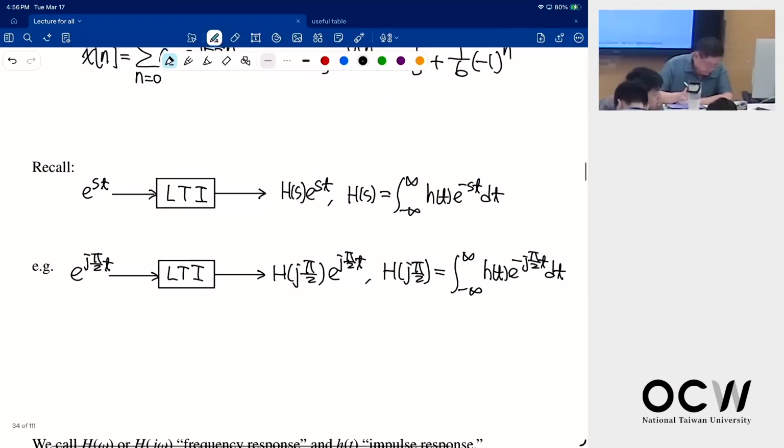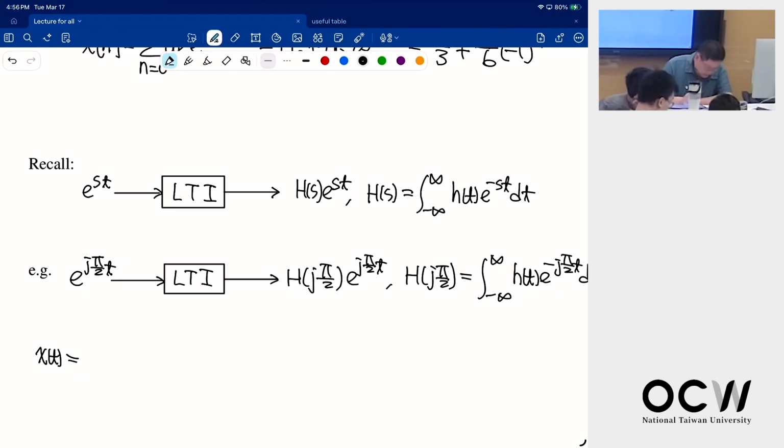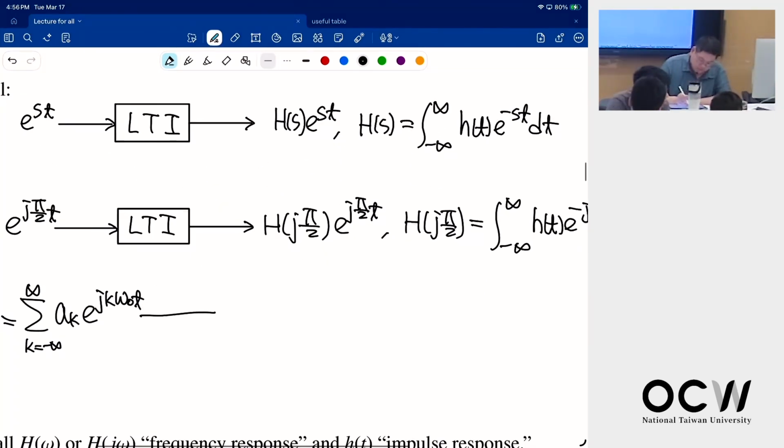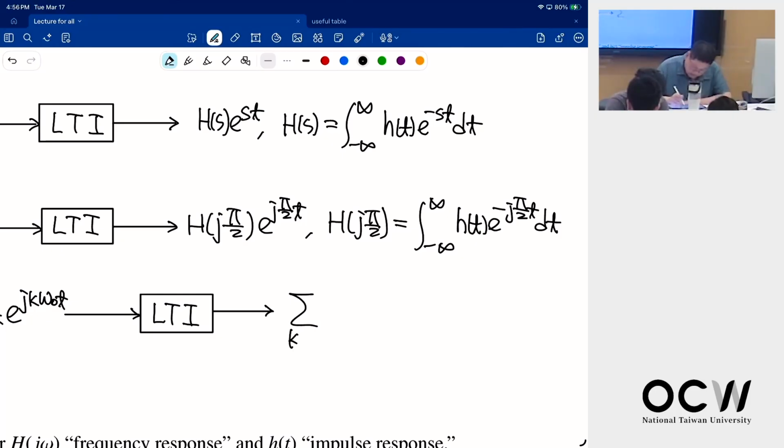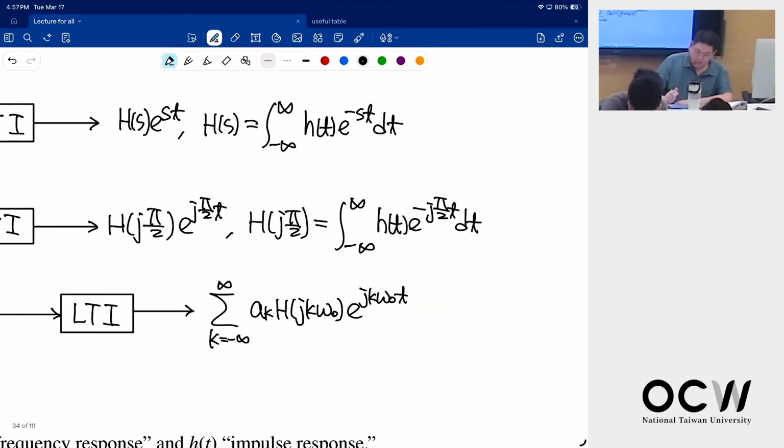Then if my input is a combination of complex exponentials, then after going through the LTI system, your output should also be a combination of the input.